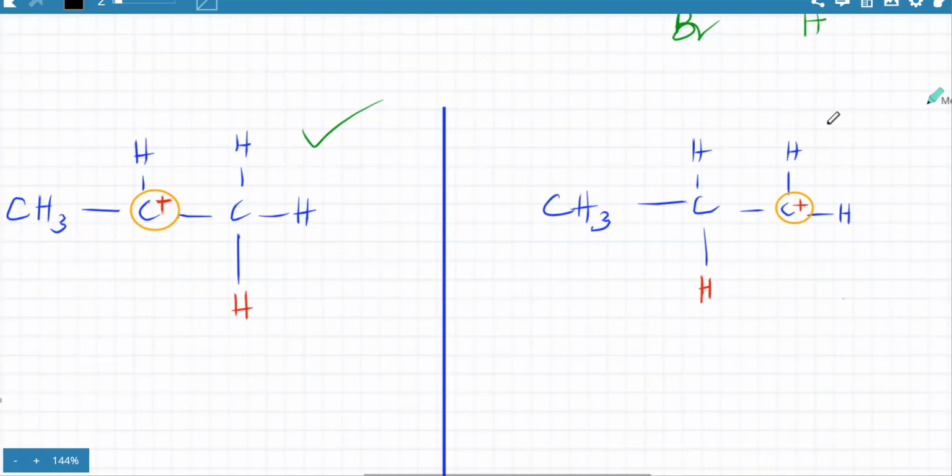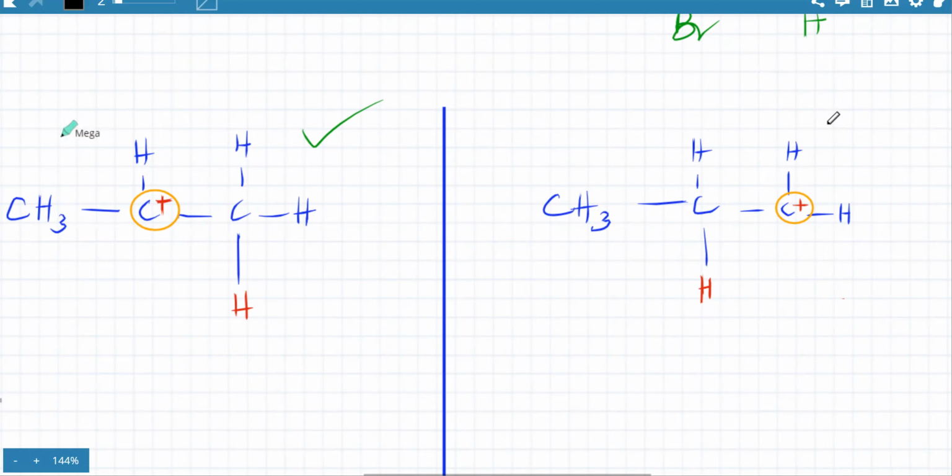But one of the positive charges is bigger than the other one. So why is that bigger? The reason is, let's focus on this carbon atom first. It has a carbon atom on the left side, so that's 6 electrons over here. Carbon has 6 electrons.